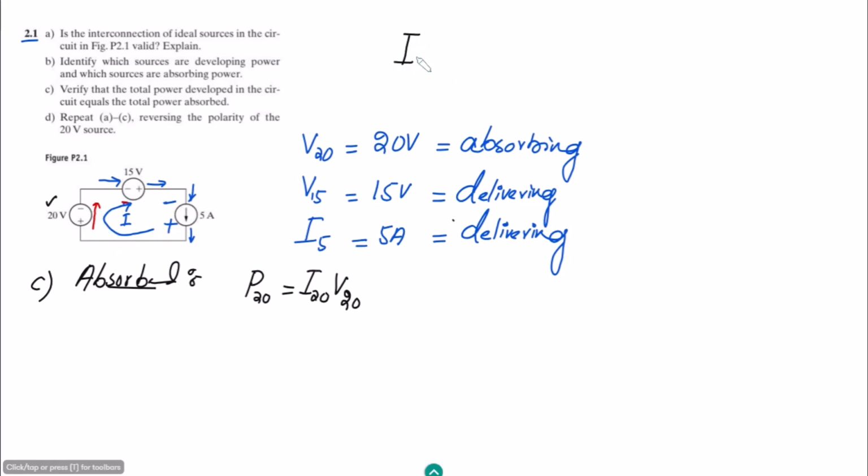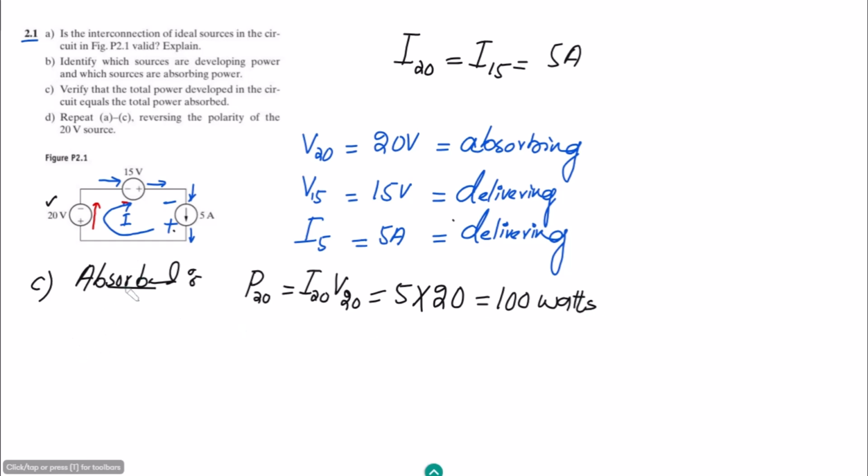We should keep in mind that this is a series circuit, so therefore I20 is equal to I15, which is equal to 5 amperes as given here in this branch. So the current through all of this is the same, therefore I20 is 5. And the V20, which is already given here, is 20 volts, so therefore it is 100 watts.